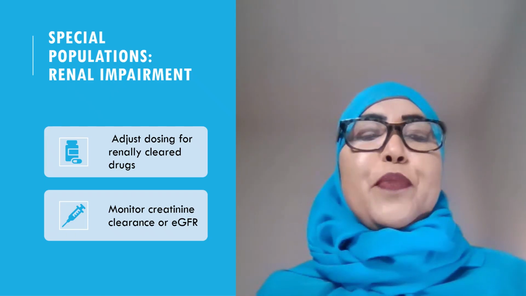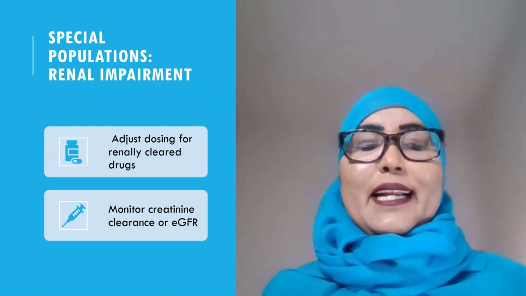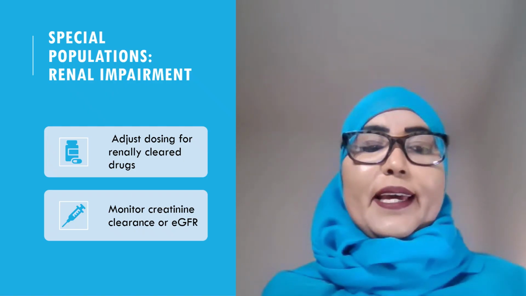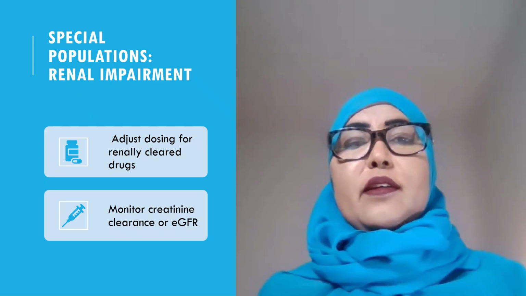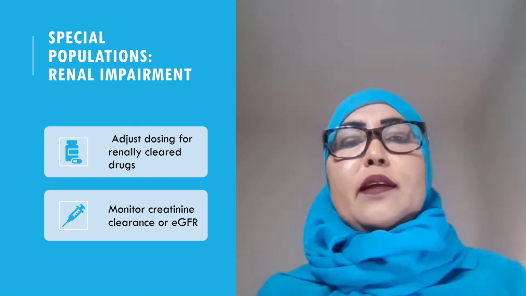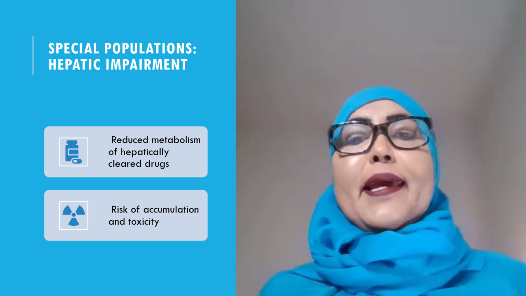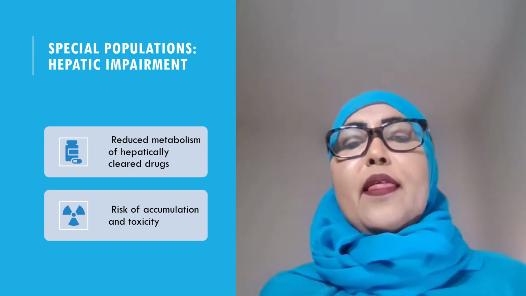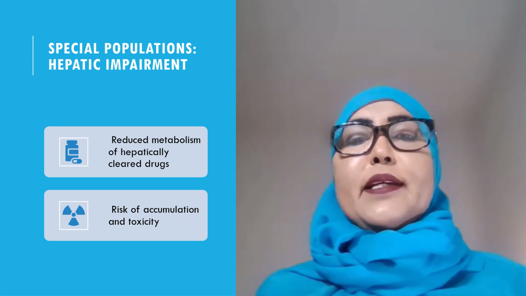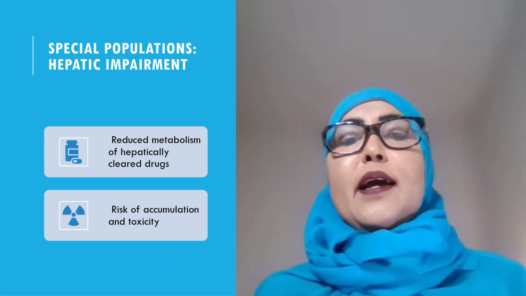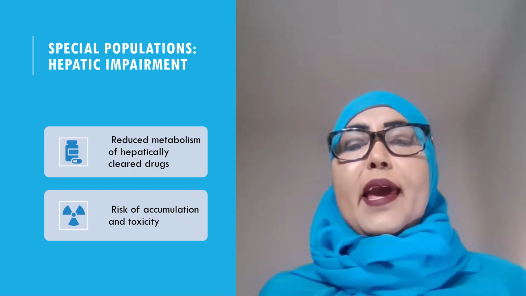For the renal impaired population, adjust the dose for renally cleared drugs, monitor creatinine clearance or eGFR, how the kidney filters the drug. For the hepatic impaired population, they have reduced metabolism of the hepatically cleared drugs. They cannot clear the drugs quickly, so they are at risk of accumulating the drug and toxicity.